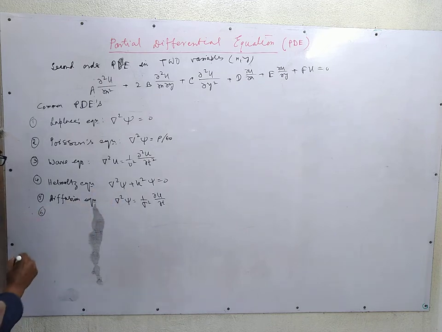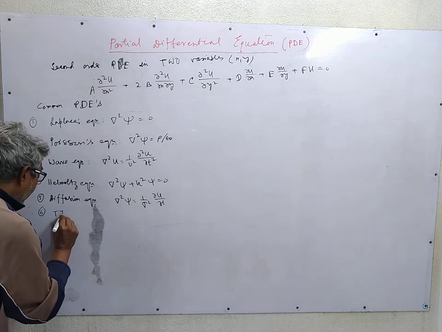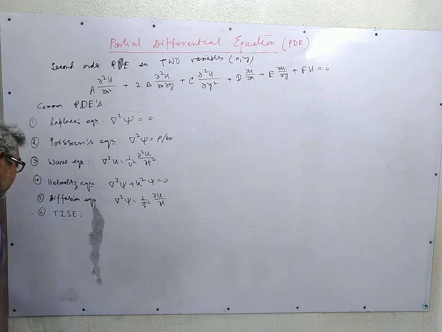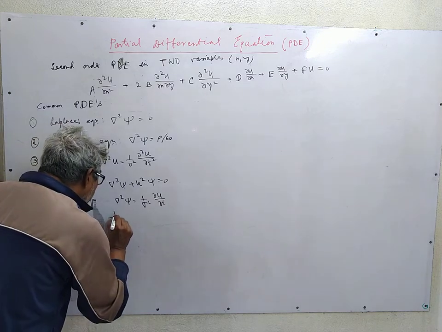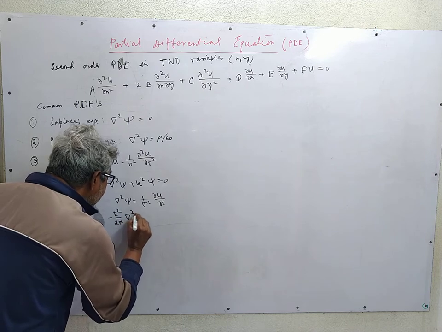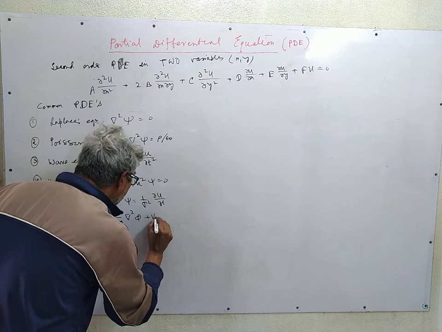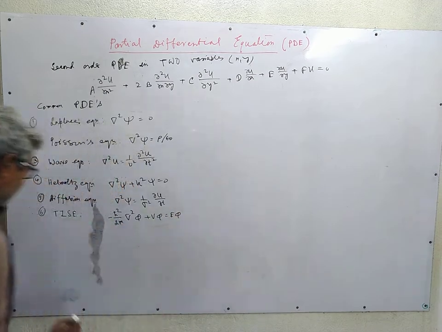Then we have the time independent Schrödinger equation. This describes the stationary states of a quantum system, which is minus h-bar squared by twice m, times the Laplacian of phi of r, equals E phi of r, where E is the energy of the system.